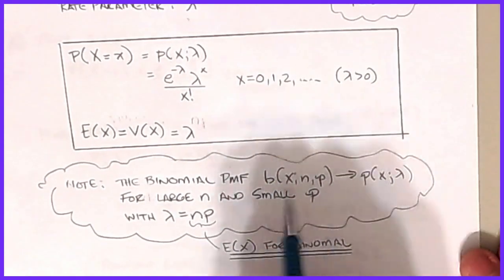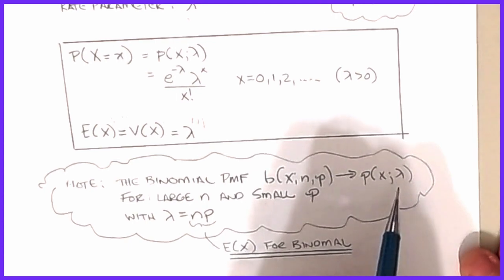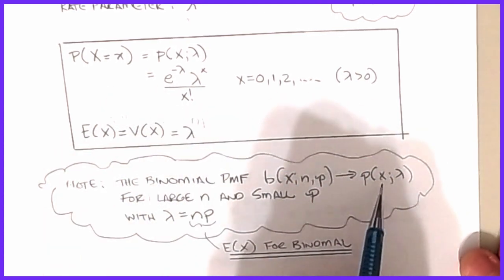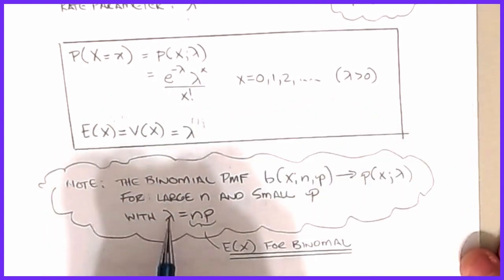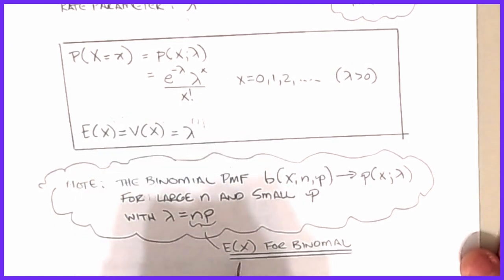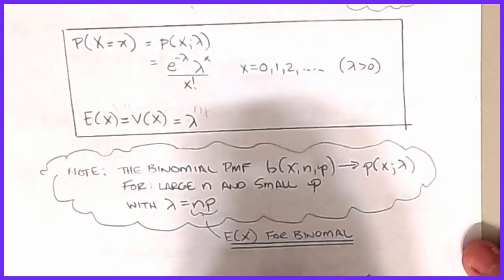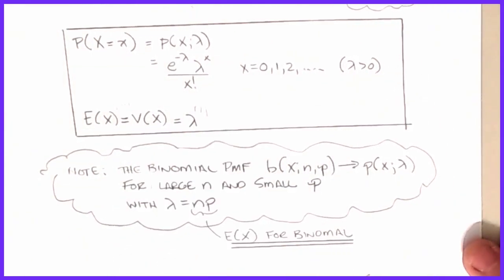So the Poisson is kind of a special case of the binomial. And in that Poisson distribution, then lambda is equal to n times p. And if you remember from the binomial, this n times p value was also the expected value for the binomial distribution. So that's where this is coming from. It does have its relations there, though we don't often think of it in that way, and we do use it a little bit differently.